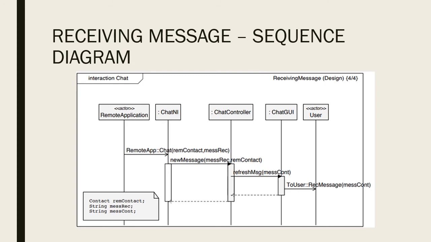Those kinds of interactions are actually called synchronous, where the issuer waits for a response to its message before proceeding with its actions. And in the remaining cases, like from chat network interface to remote app, there is no opposite arrow, so it's called asynchronous.